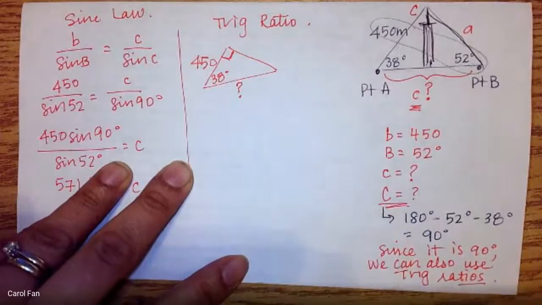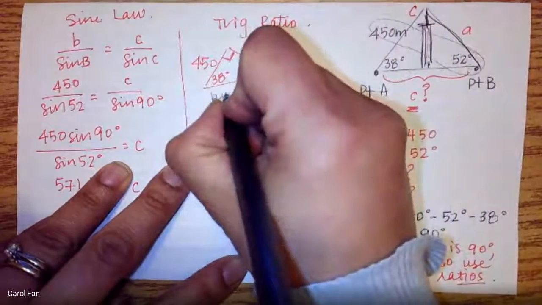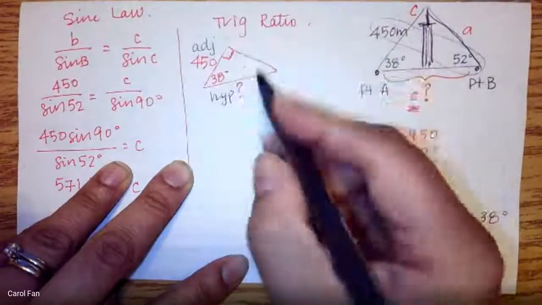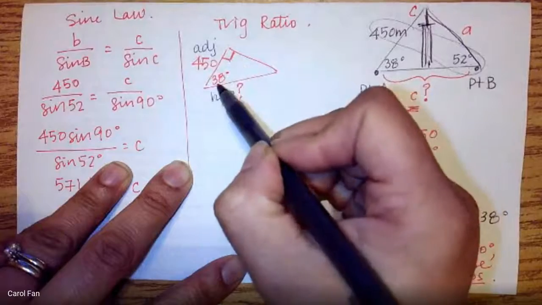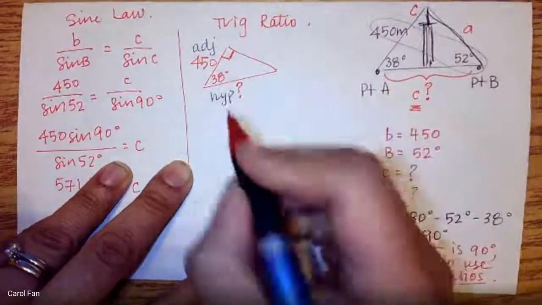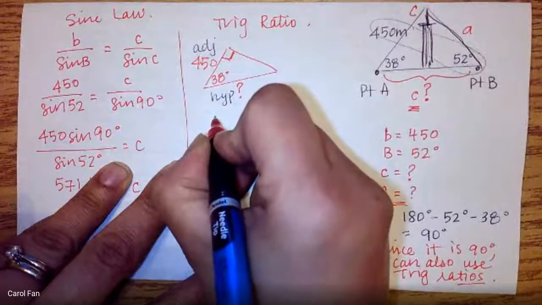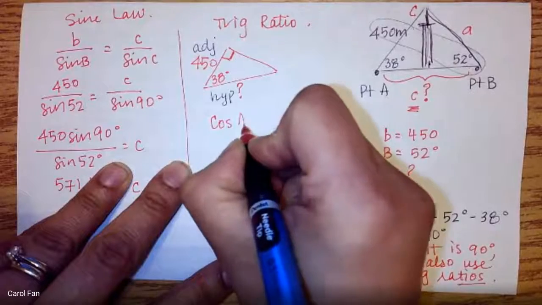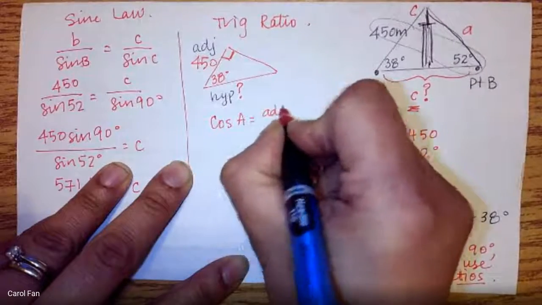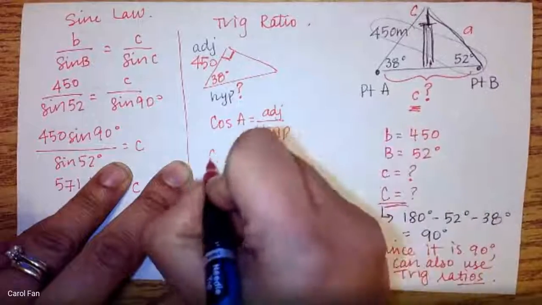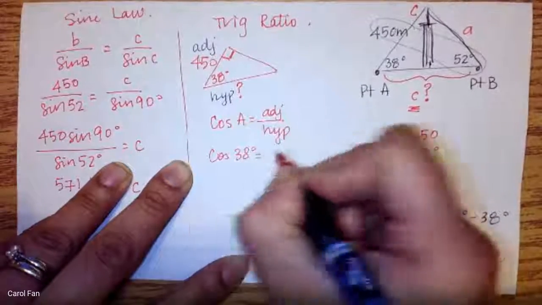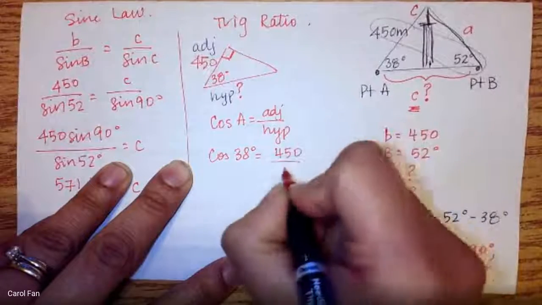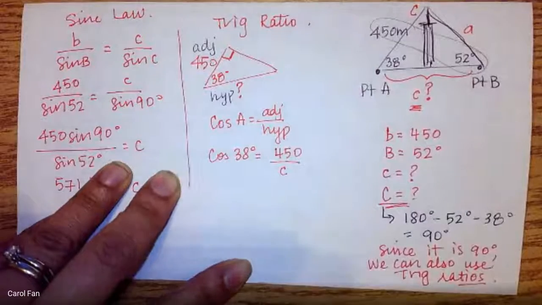So let's label our sides. This is the hypotenuse, and this one is our adjacent because it's the side in between the 90-degree angle and the given angle. So adjacent and hypotenuse, we would use cosine. Cosine of an angle is equal to adjacent over hypotenuse. So we have cosine 38 degrees is equal to 450 over our hypotenuse. I'll use C again.